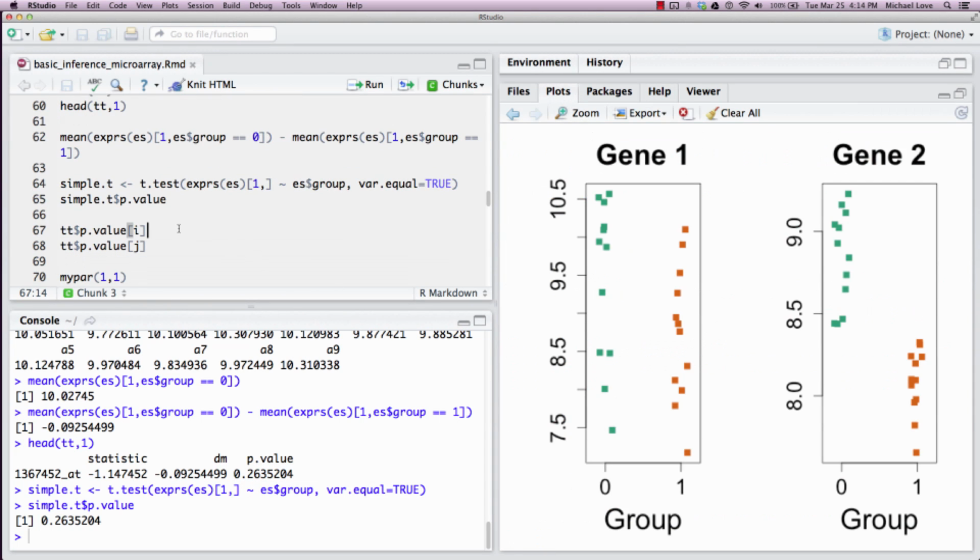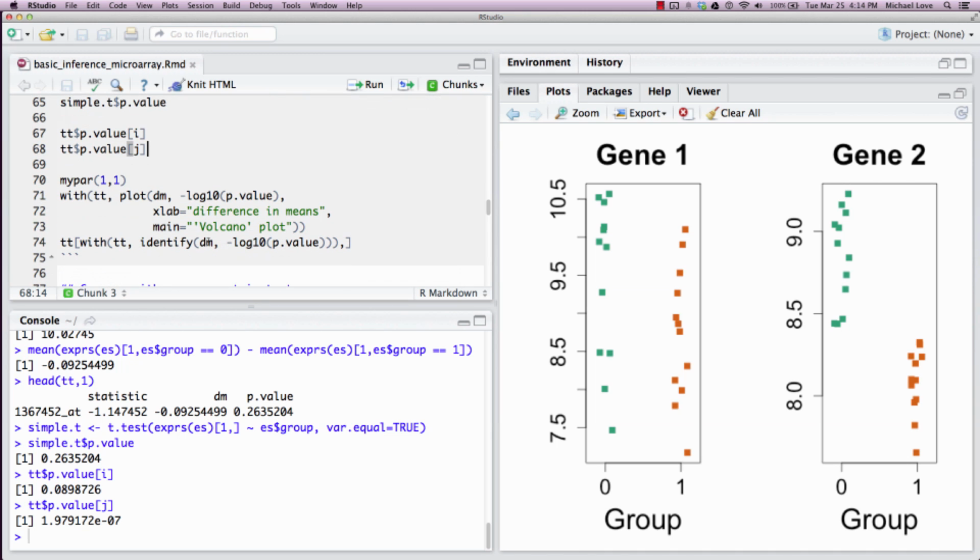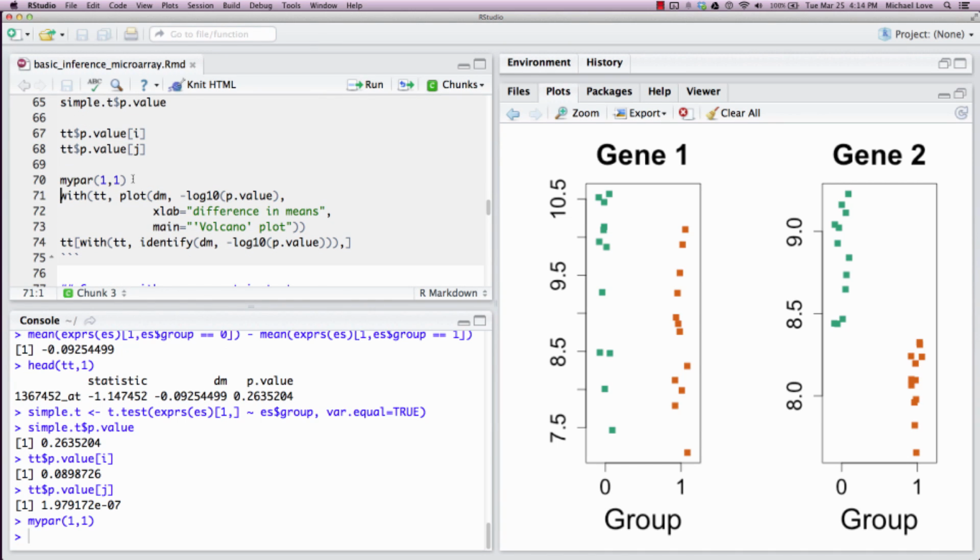So if we look at the p-values which were provided for gene 1 and gene 2, we see we have a not so low p-value for gene 1, and we have a very low p-value for gene 2, so 10 to the minus 7. And that makes sense because we can see clear separation of these values for gene 2.